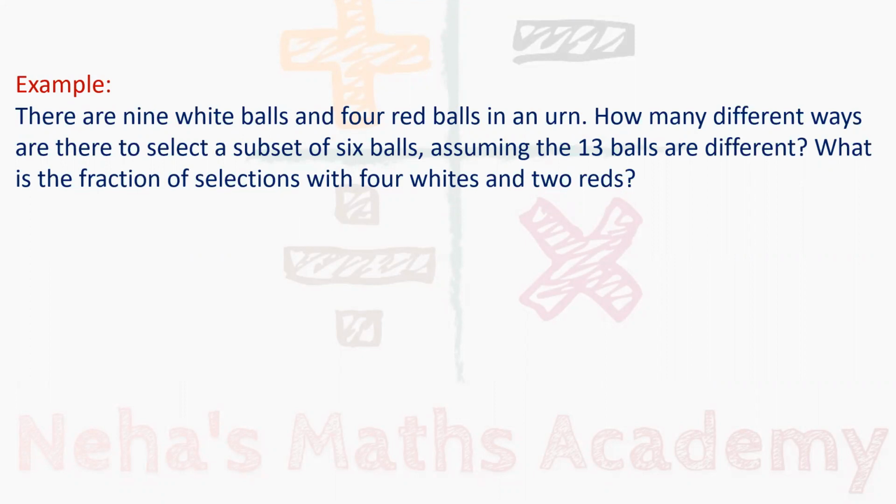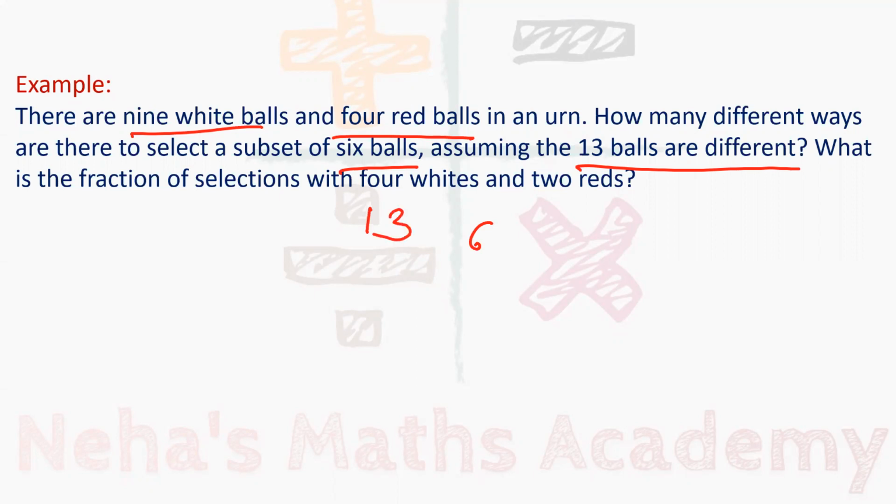There are a total of 9 white and 4 red balls, so in total there are 13 balls, 9 plus 4. All 13 balls are different. Our first question is to find different ways to select a subset of 6 balls. That means we have to select 6 balls out of 13 balls.